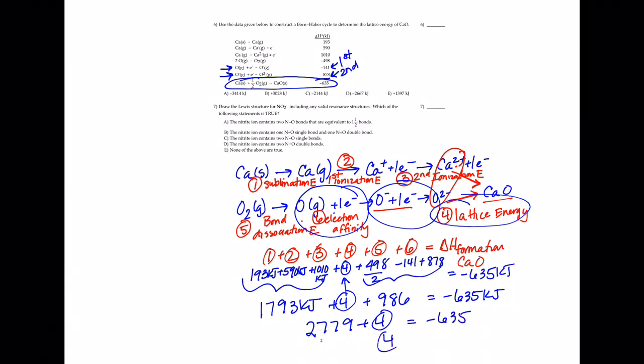And I got that 4, which represents the lattice energy, is negative 3414 kilojoules. So that represents this last process here, making the calcium oxide from the 2 single ions. If you're doing this as a multiple choice problem, that was answer A.